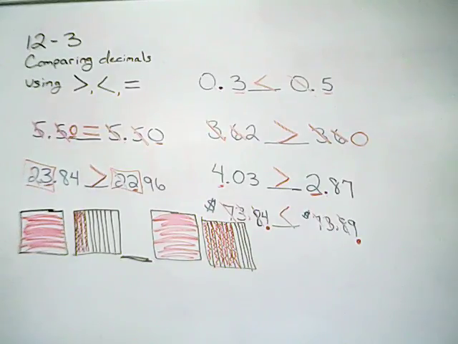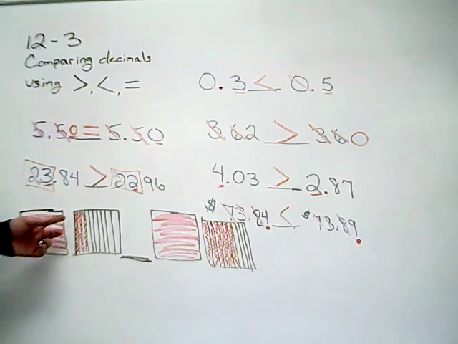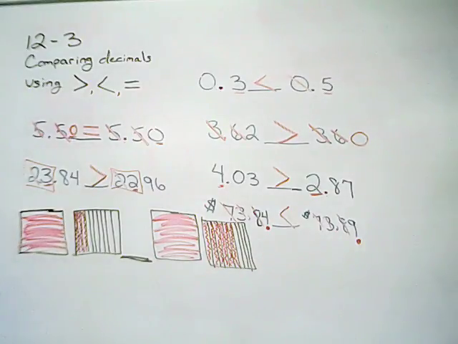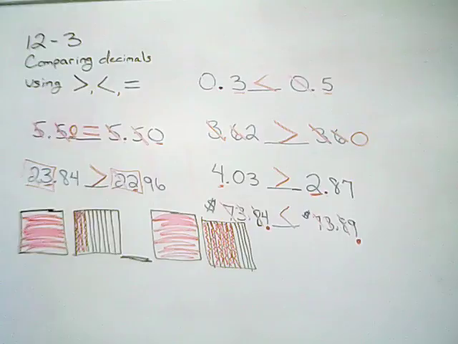I have one example here drawn where we have place value blocks. What I have here is an entire block colored in, and this one here is broken into tenths. And you can see, hopefully, that I have 3/10 colored in. On this side, I have 1 whole, and I have 6/10 of my second block colored in.